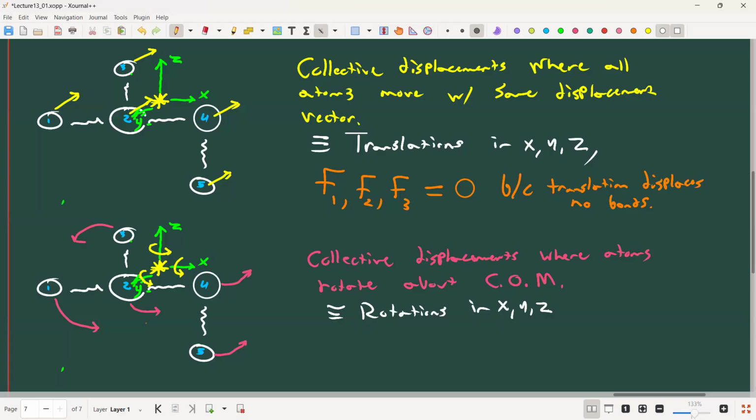There's also this one. So there's this one, there's this one, and then there's this one. It's not too hard to convince yourself that this one and this one are exactly the same. All I've done is take the whole system and rotate it like this. It's not really a new rotation. So linear molecules only have 2 degrees of rotational freedom.